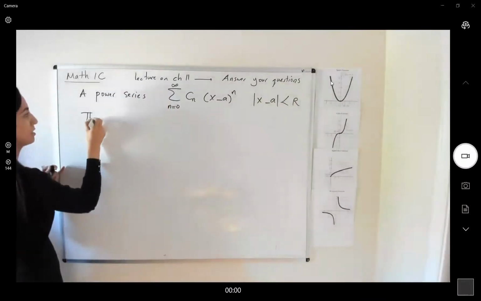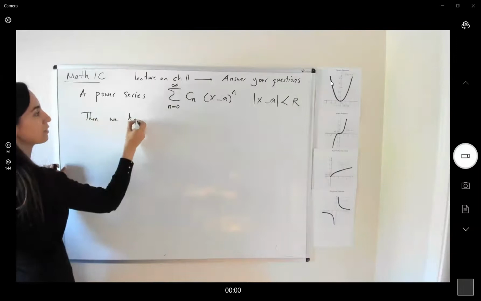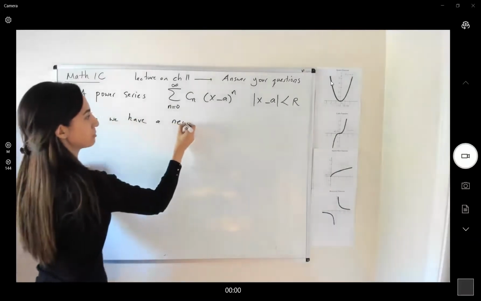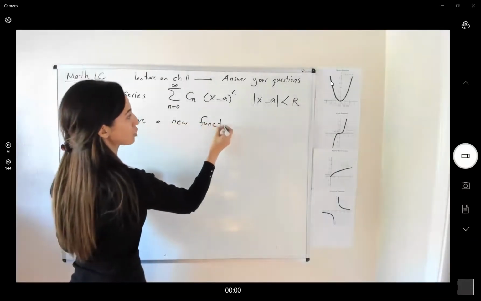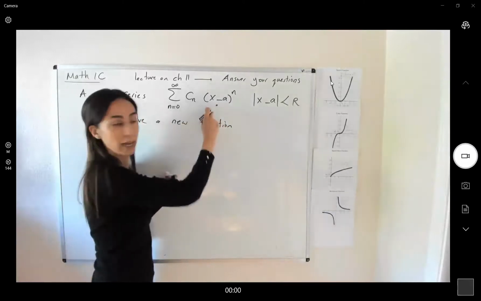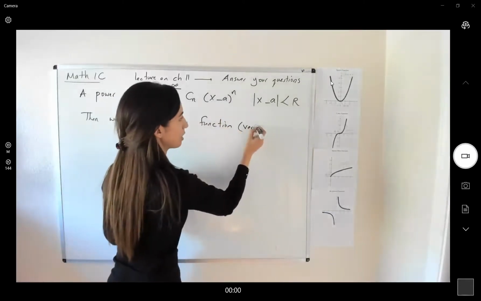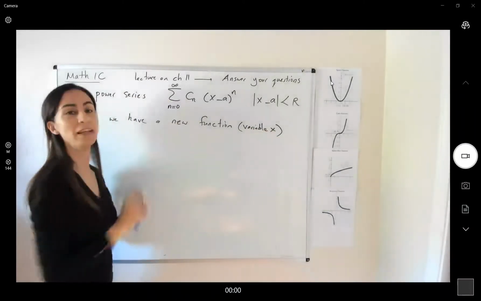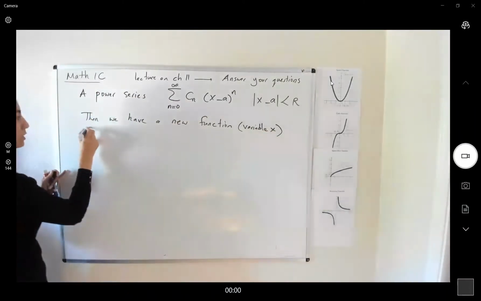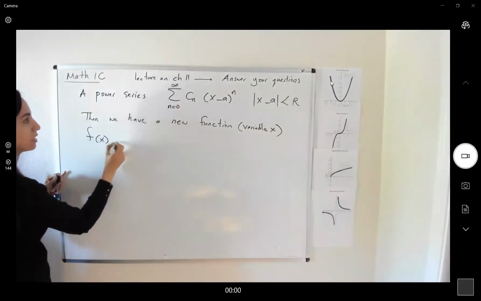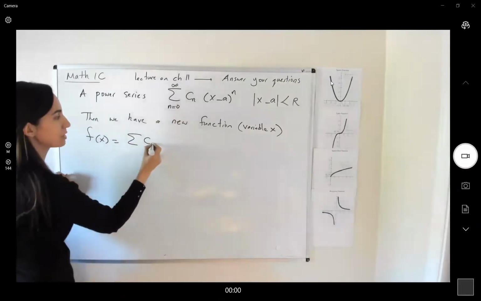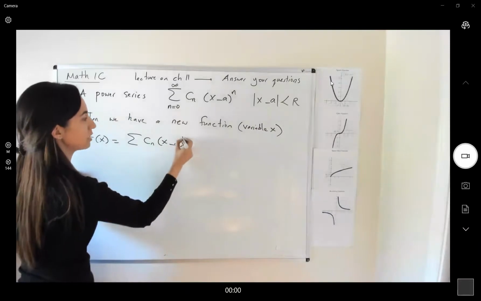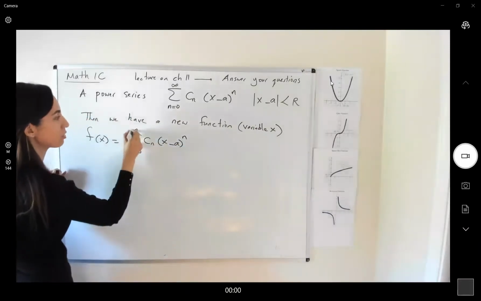Then we have a new function. Of course, it's a function. You have variable x, you define a function dependent on x. So you can write it this way. F of x is equal to the sum Cn x minus a to the n, starting from 0 to infinity.